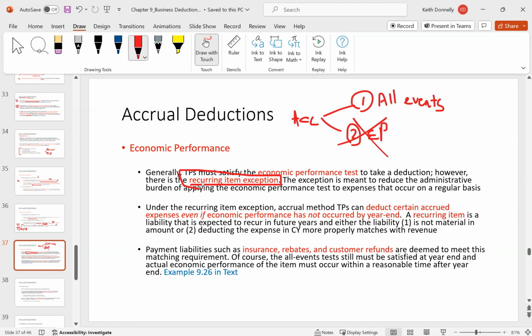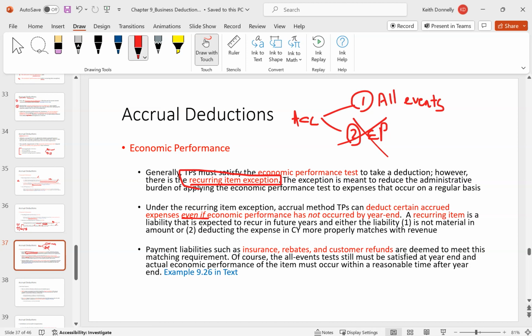It's really trying to make it a little bit easier for people, right? You think about this, you're trying to do your tax return. This is a lot of rules, right? If we can kill one of these prongs, it'll make it a little bit easier, right? So the idea here is under the recurring item exception, accrual method taxpayers can deduct certain accrued expenses even if they don't meet economic performance, okay?